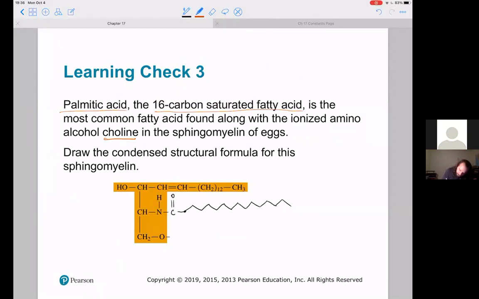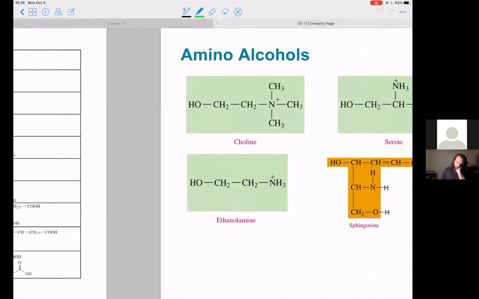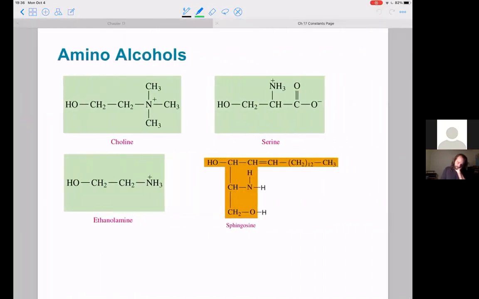Let's double check: 1, 2, 3, 4, 5, 6, 7, 8. Okay, and then the last component is going to be the choline. So let's go over to our amino alcohols page and make sure we pick the proper one, choline. So we have 1, 2 carbons, and then a quaternary amine.